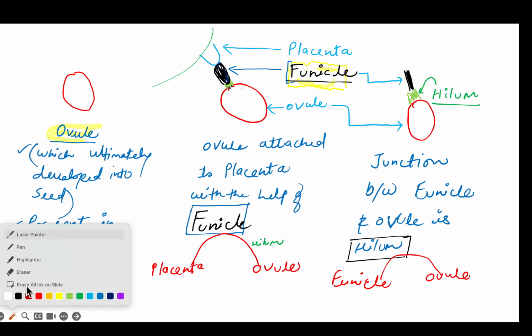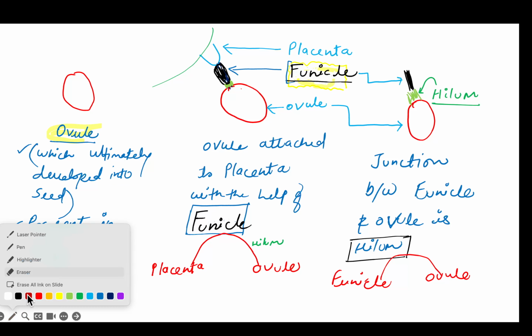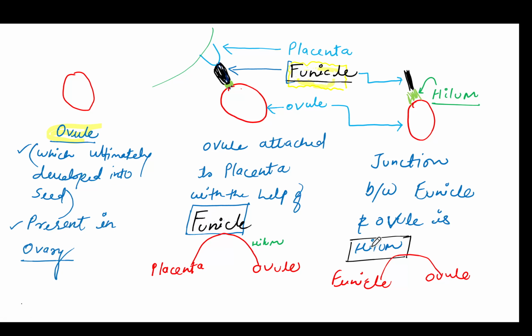Now think about it. These two words are clear or not? Funicle and hilum. We will revise it one more time. Funicle is the part by which the ovule gets attached to the placenta, and hilum is between funicle and ovule. So funicle and hilum are done.